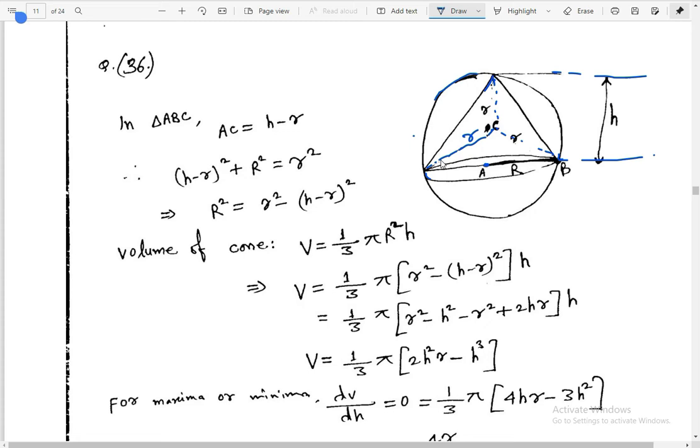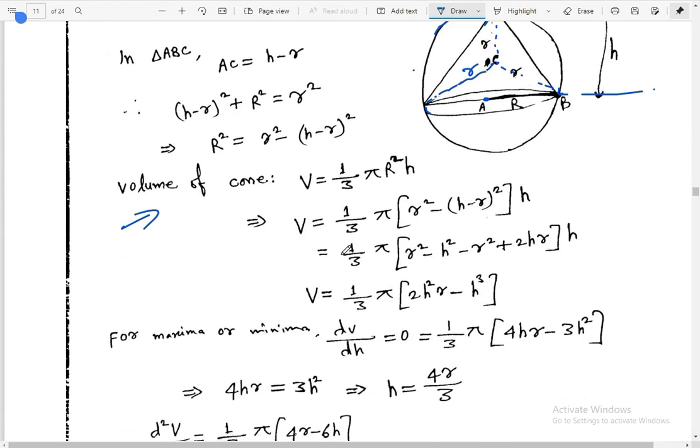According to this diagram we will have AC equal to h minus r. From the Pythagoras theorem, (h minus r) square plus capital R square equal to r square. The volume of the cone is 1 by 3 pi R square h.